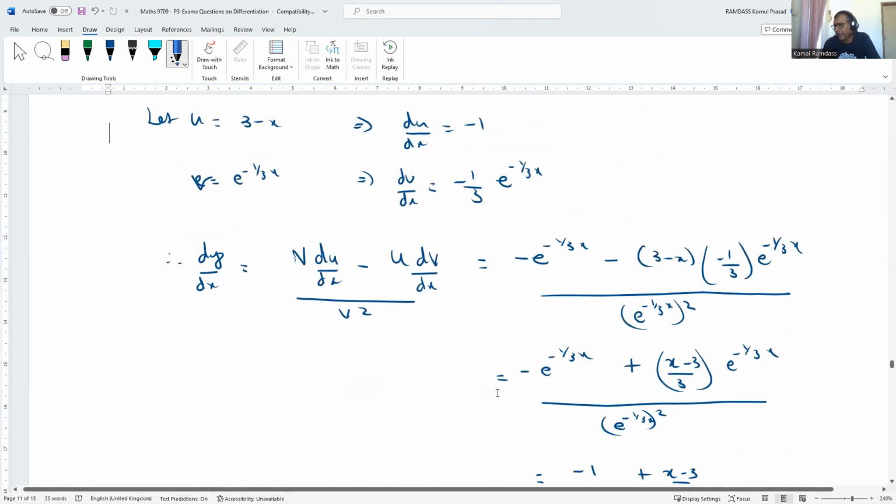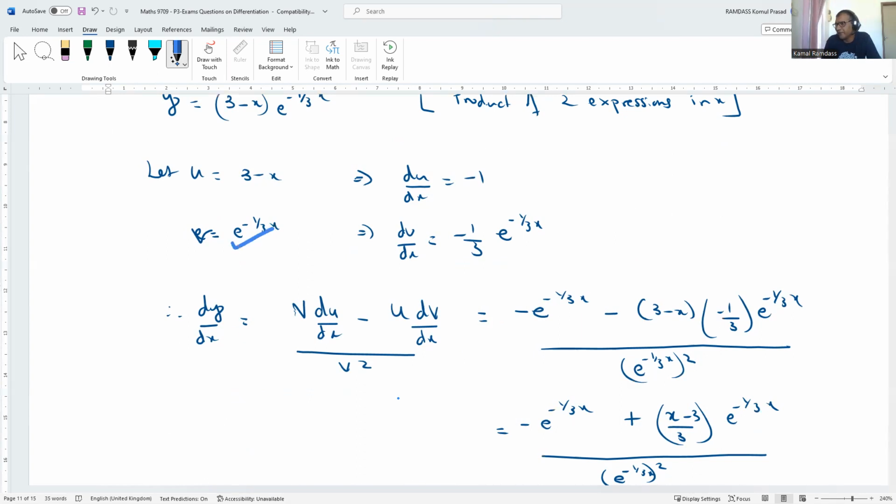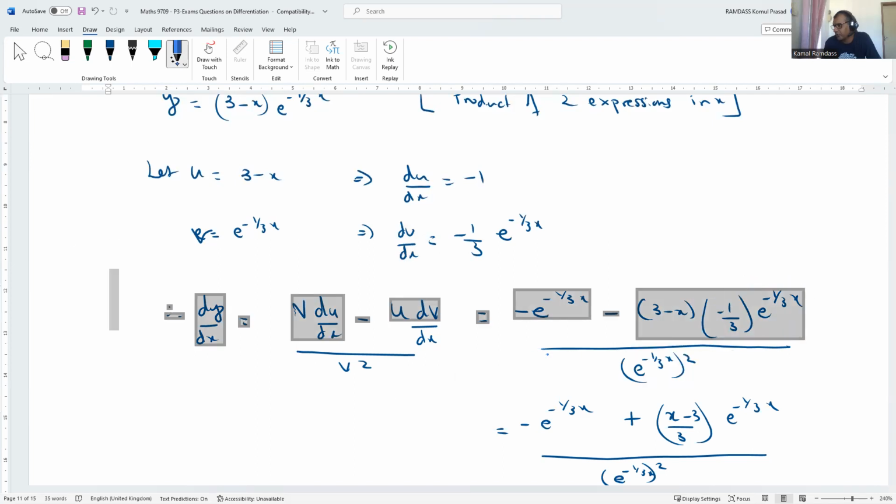Et finally, on gagne dy by dx, c'est v du minus u dv divided by v square. Et on gagne, on va dire v, c'est e to the power of minus 1/3 x multiplied by minus 1, on gagne ça. Minus de u, ça, multiplied by dv, minus de 1/3 e to the power of minus 1/3 x, divided by v square, ça c'est v square.